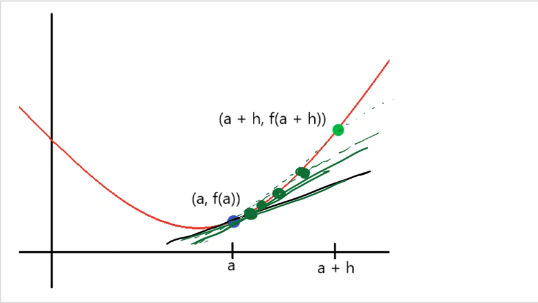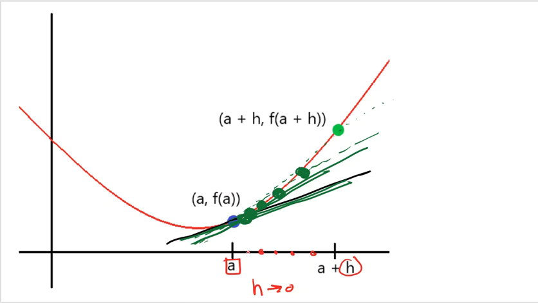And if I get super close, almost right next to it, notice that the secant line is very, very close to the tangent line. So here is the idea. If we allow h to get smaller and smaller, if we allow h to approach 0, as h gets closer and closer to 0, now remember h is the distance between my original point and my second point.